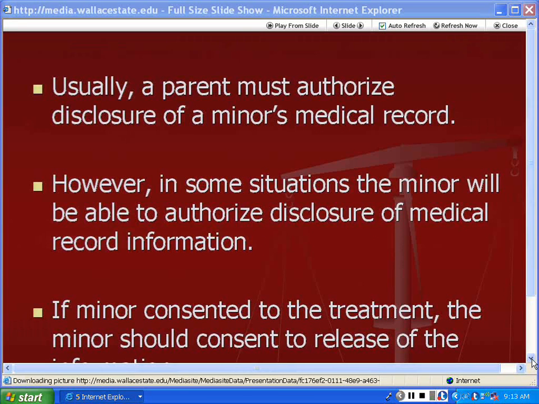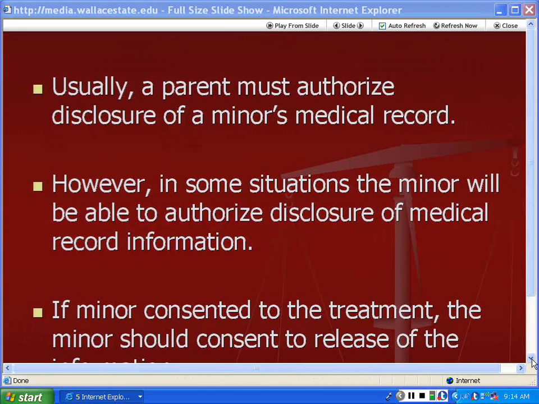So in other words, if we treat a minor at our facility and the minor consents to that treatment, can consent to it by law, then you would not go and ask parents to sign for the release of information if that information had to be sent somewhere else. So they go hand in hand. If the minor consents to the treatment, the minor consents to the release of information.